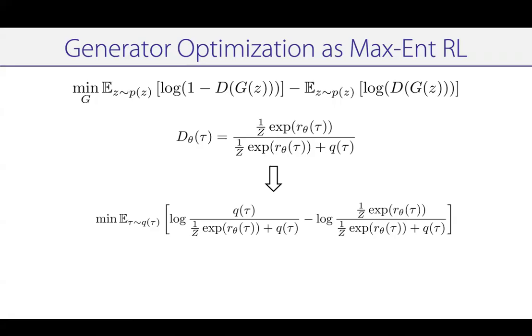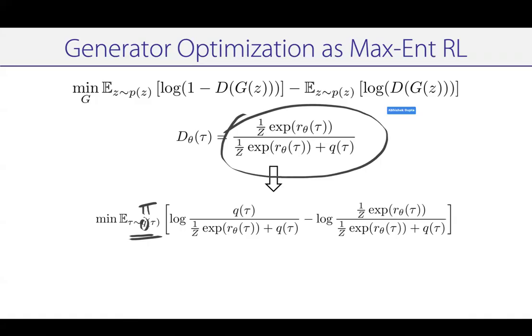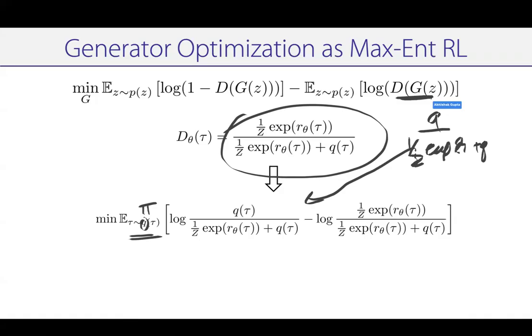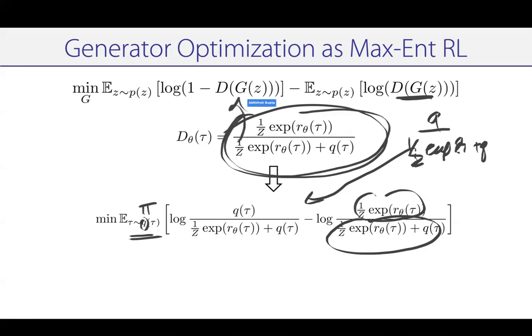So let's say Q is our policy, and so you sample trajectories from your policy. This term is 1 minus D. If you do 1 minus D, you're going to get Q over (1 over Z times exp R, plus Q). That's the first term, right? And the second term is just D, so it's just going to be 1 over Z times exp R over the denominator, right? So all we did is we substituted this in here and here.